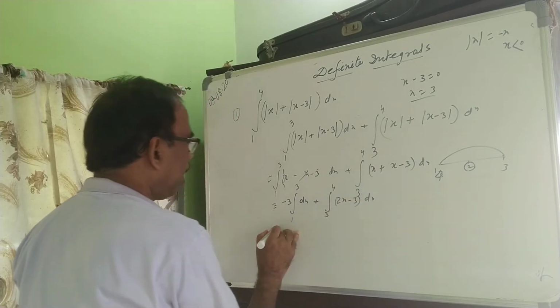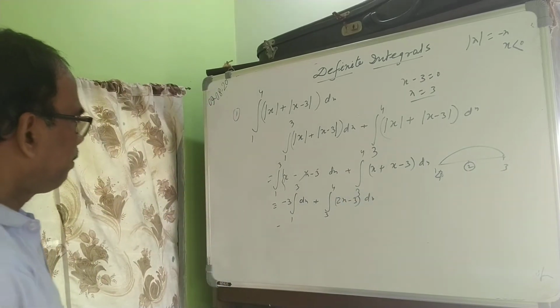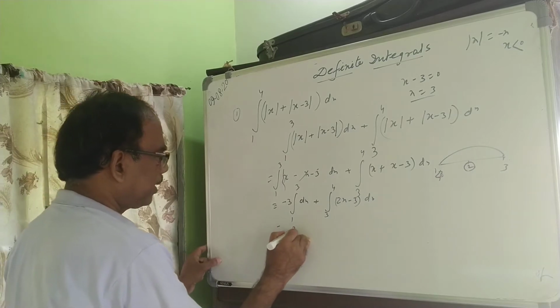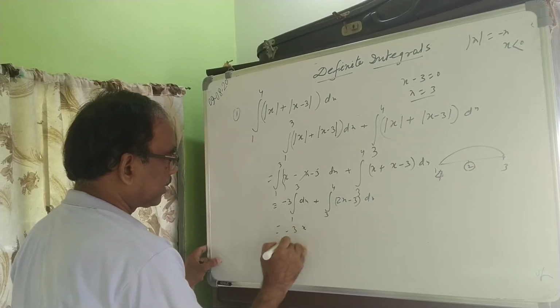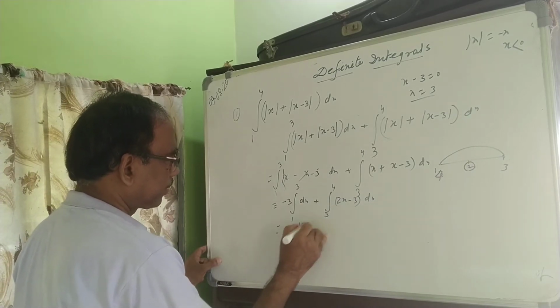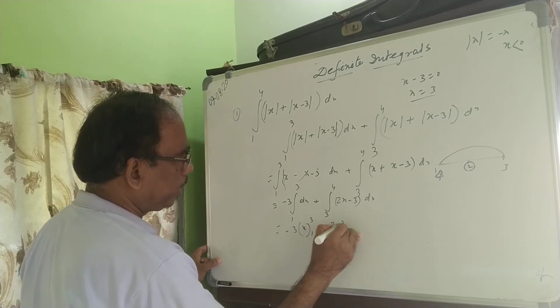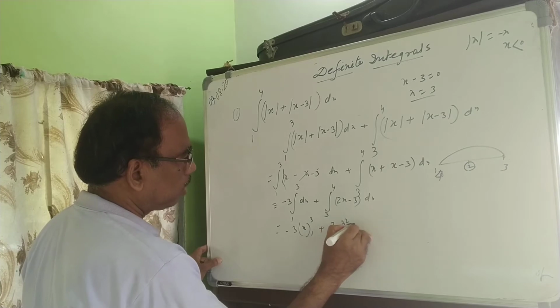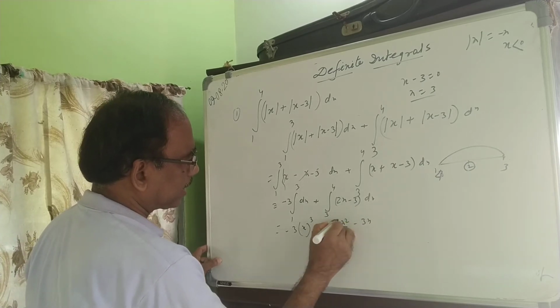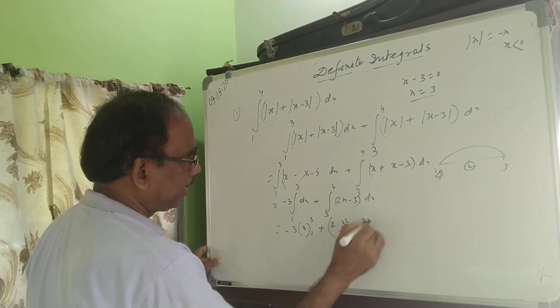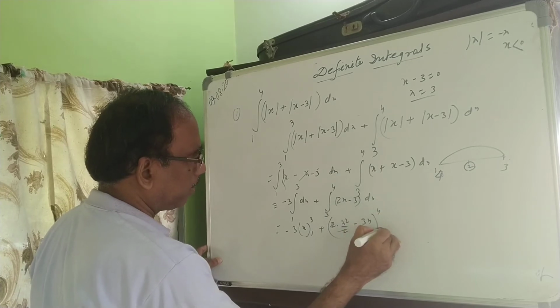Now direct simple integration: minus 3 integration of dx, that is x, upper limit 3, lower limit 1, plus 2 into x square by 2 minus 3x, the 2s cancel, upper limit 4, lower limit 3.